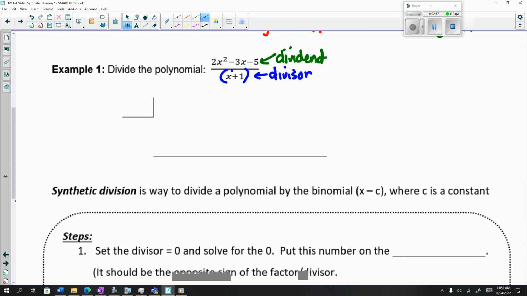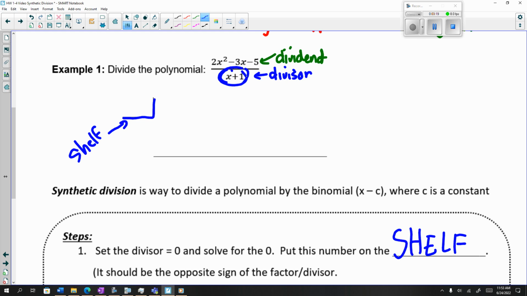So if you look down below, it says steps. Step 1, set the divisor equal to 0 and solve for the root or the 0. Put this number on the shelf. So the first thing you need to know is we're going to create what we call a little box, which we call a shelf. And we are going to take our divisor, which is x plus 1, we're going to bring it over here, and we're going to set it equal to 0, and we're going to solve for x.